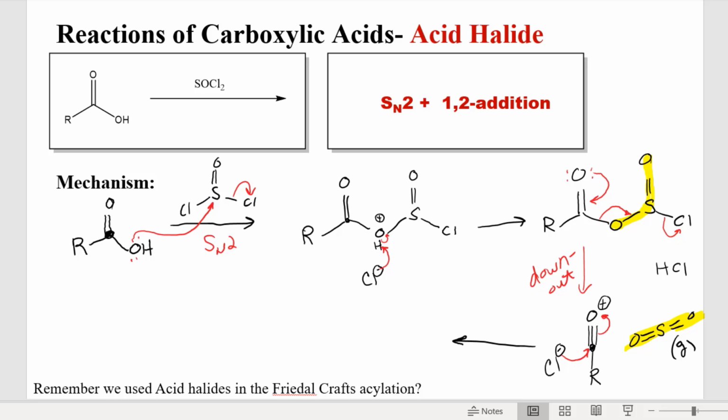So we kind of reversed our 1-2 addition. It's now a down, out, in, up. We assisted the leaving group, and then we had the in-up occur, giving us our R group back to a double bond carbonyl and the chlorine. SO2 gas is released, and we end up with our acid chloride.